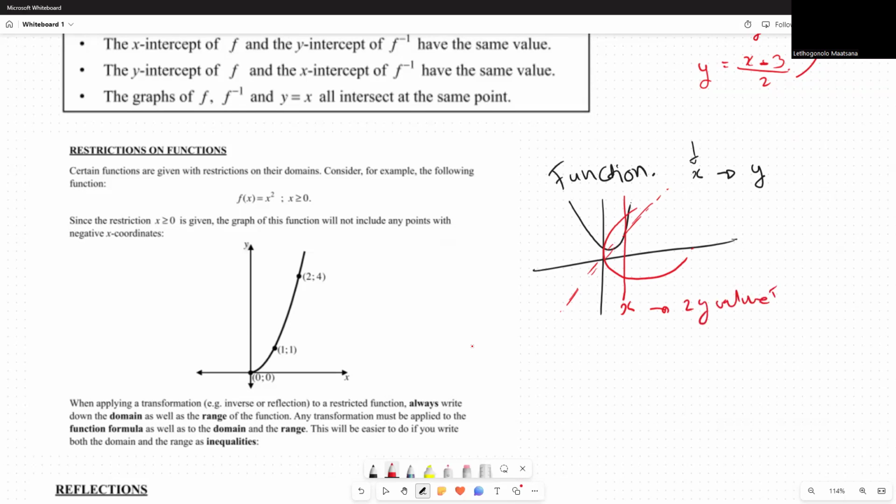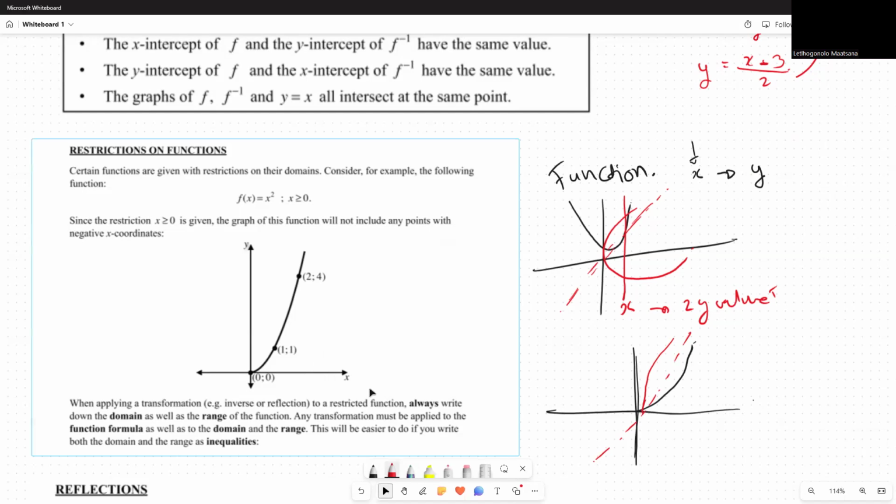So we need to restrict the original so that the graph can become a function. If we restrict it to just this, then we would just have this as our inverse, and that is a function, and it will be a reflection about y is equal to x.